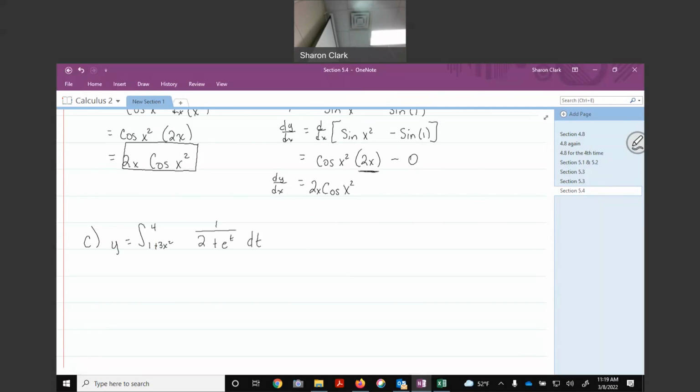And remember, we learned yesterday, if we want to flip-flop the two little numbers, we put a minus in front. And so now I can flip-flop the two numbers. And then that's 1 over 2 plus e to the t dt. Okay, so that equals negative 1 over, oh, I skipped a step.